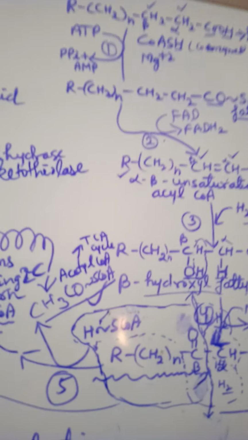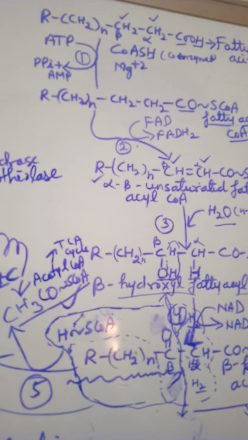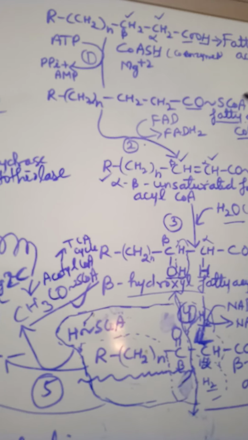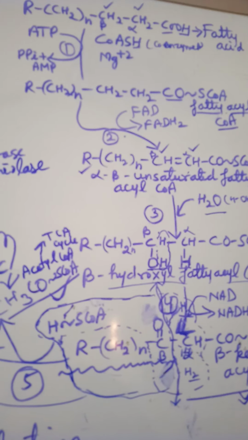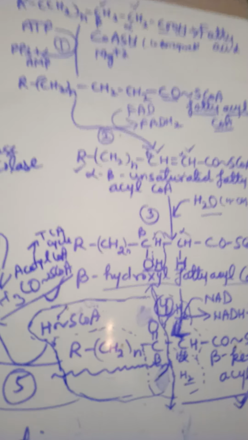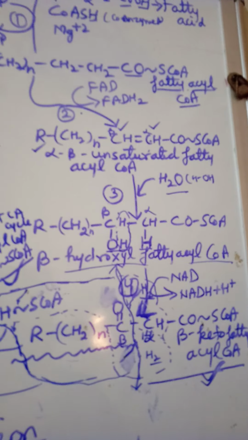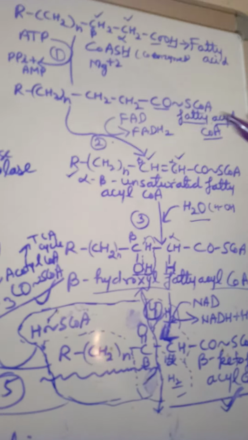Then the above fatty acyl coenzyme A, the thioester, is dehydrogenated. You could see here, dehydrogenated, leading to unsaturation between the alpha and beta carbon atoms. This happens in the presence of the enzyme dehydrogenase and FAD.